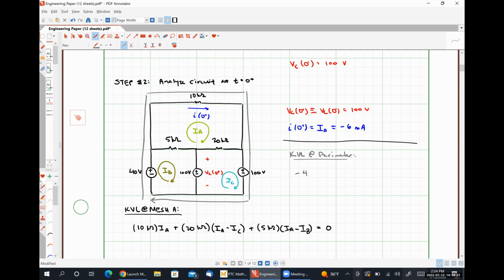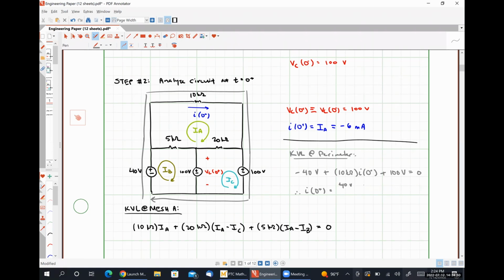We would have negative 40 volts plus 10 kilo ohms times I at 0 plus plus 100 volts is equal to 0, which implies that I at 0 plus is 40 volts minus 100 volts over 10 kilo ohms, or negative 60 volts over 10 kilo ohms, which is negative 6 milliamps.